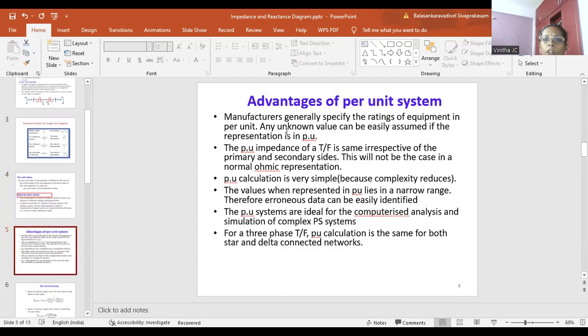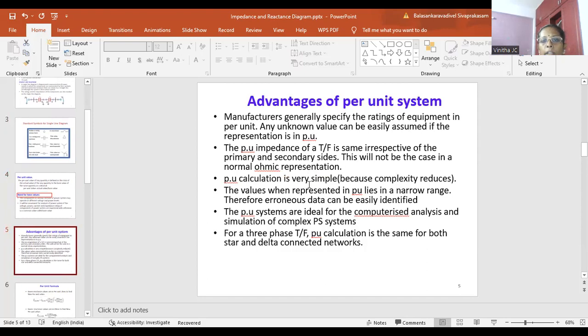Now let us see what are all the advantages of per unit system. Normally, while designing the components, the manufacturers generally specify the ratings of each and every component, and any unknown value can be easily assumed if the representation is in per unit. And the next point is the per unit impedance of a transformer is the same whether it is referred to the primary side or the secondary side.